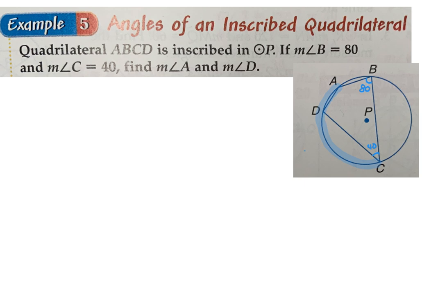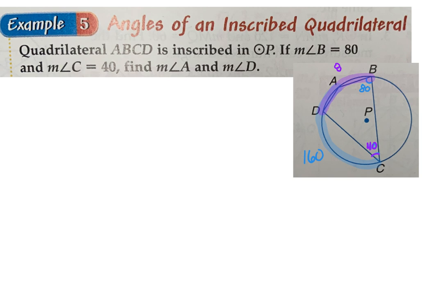It's going to be double, 160, right? All right, and so let's look at the other one. Let's look at what else we know. We know that this is 40. That makes up from D to B, right? That is 80, okay?